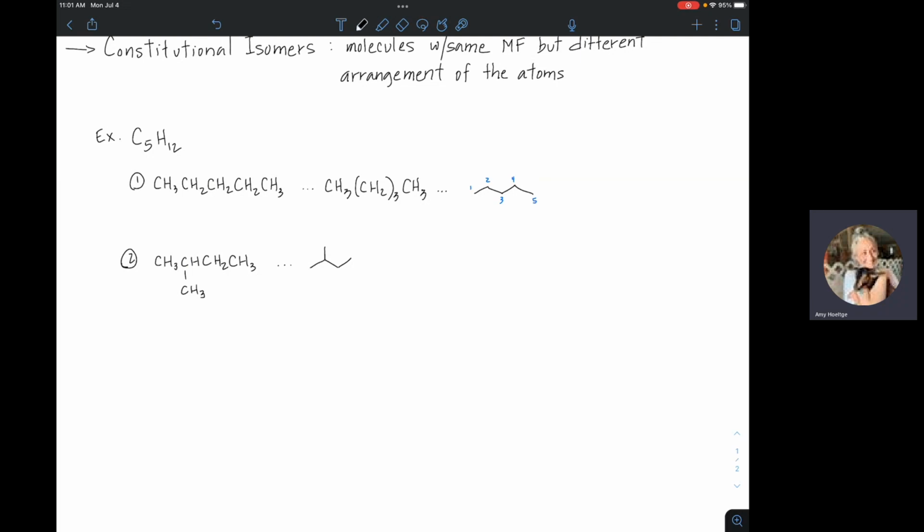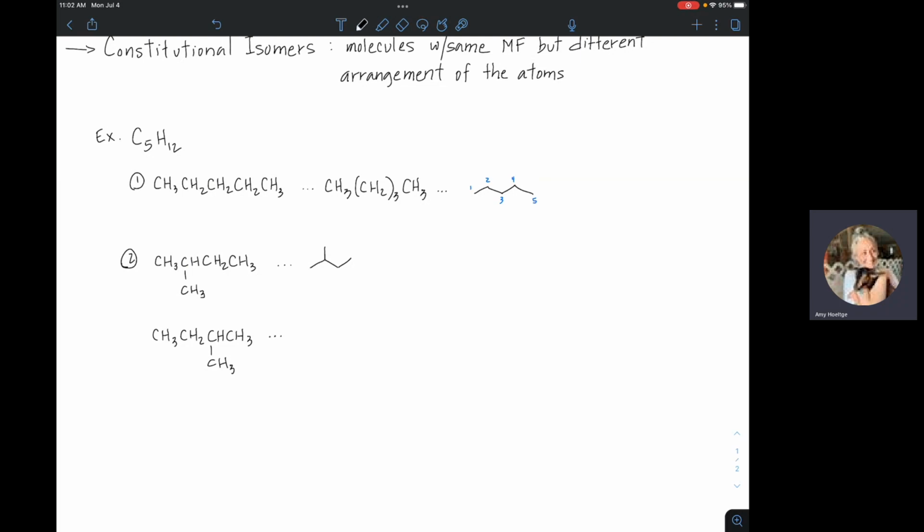You might be saying to yourself, well, why couldn't you just take the methyl group on the end and move it 1 carbon in? And you can. I could have drawn something like this. So I could have said, well, I'm going to make the swap on the other end. But those molecules are identical.